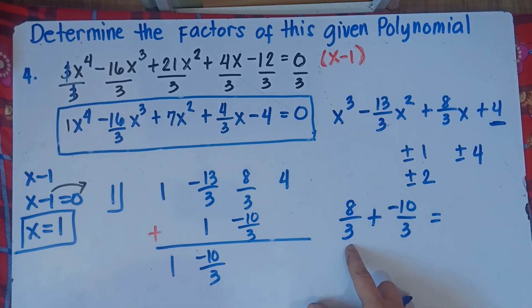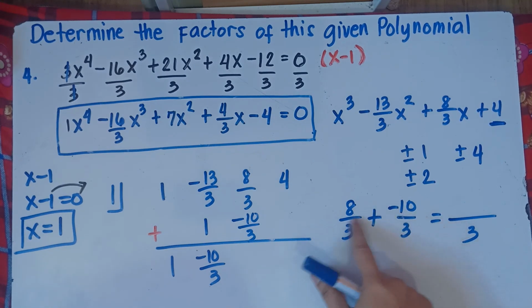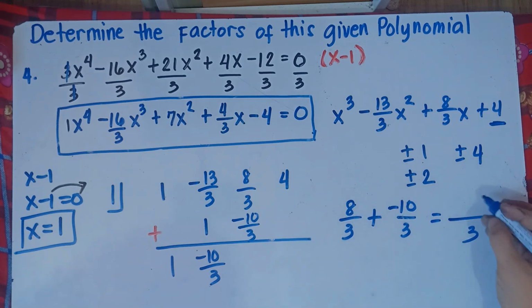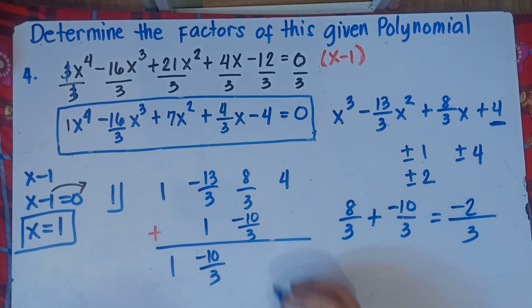If they have the same denominator, copy the denominator 3. Then 8 plus negative 10. If the signs are not the same, you subtract. 10 minus 8 is 2. 10 is greater than 8, so we have negative 2. So this is negative 2 over 3.